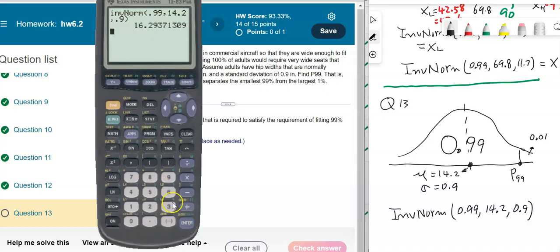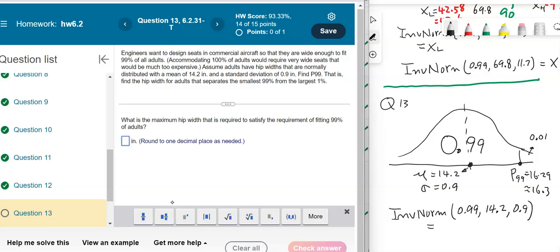So this point is 16.29. If you round to one decimal, it is 16.3.